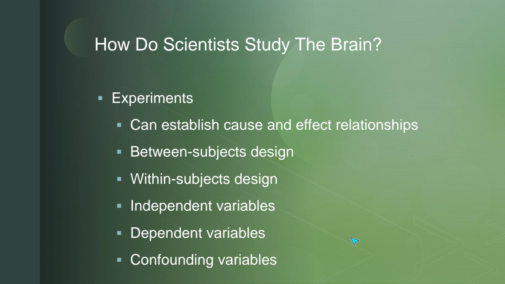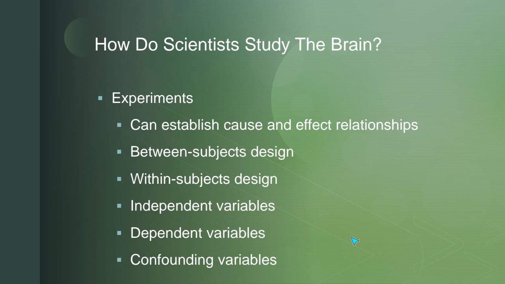You can give group A the drug, see what the outcome is for whatever you're measuring, and compare that with the group that didn't get the drug. So that allows you to determine a cause and effect relationship. You can say, after running an experiment like that, if your drug is causing that effect that you're measuring.